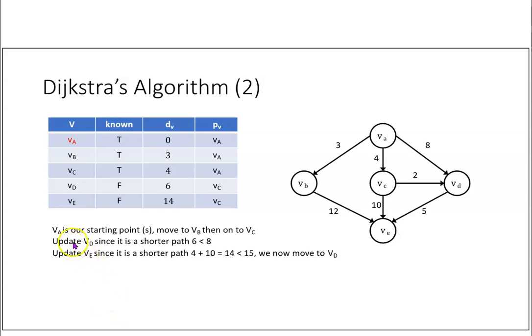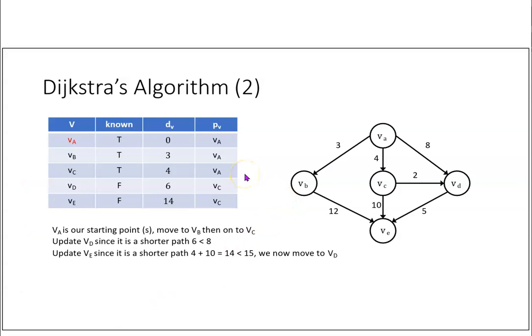Now, for VD, we get to VD from VC, and we're going to update VD since our path from VA, 6, is less than 8, and VE is also a shorter path because 4 plus 10 is 14, which is less than 15.